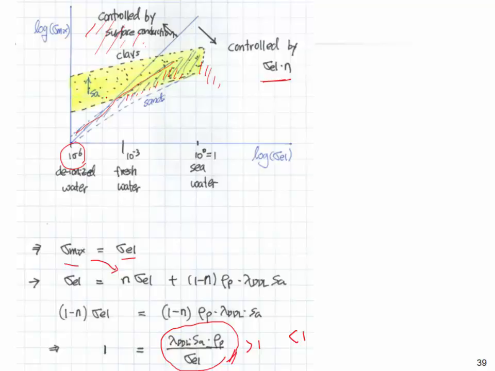For the clay, this is the case when the specific surface is very low and high, and in some area the surface conduction governs the overall conductivity, especially in fresh water. But when you have very salty water, then still the electric conductivity of the electrolyte governs the clay soil's conductivity.